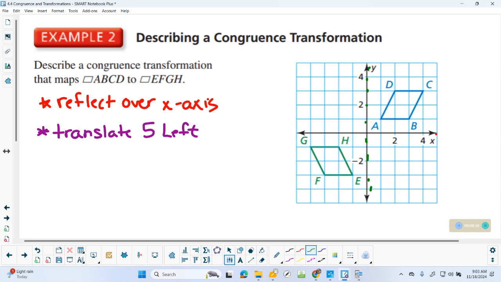So if I do 2 away, 2 away, 1, 2, 3, 4, 4, 1 away, 1 away, 1, 2, 3. So I could reflect it over y, and then I could move it down. So there are other choices. So don't be like, oh, well, I did y and then I moved it down. You can get it to map onto itself. There is more than one correct, perfect way to do these, which is what makes it so fun to grade.